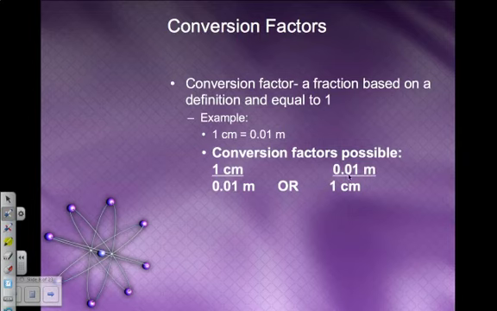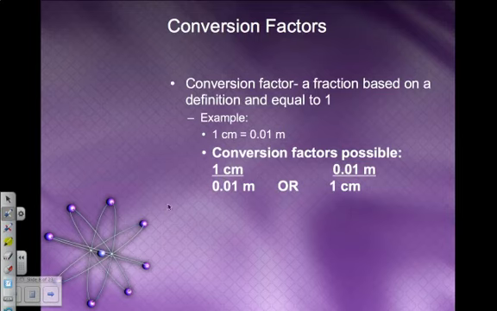Okay, I can set it up both ways because they're equal to each other. 1 centimeter is equal to 0.01 meters, and 0.01 meters is equal to 1 centimeter. I would never have 1 meter is equal to 0.01 centimeters because that's not correct. They're not equal to each other.